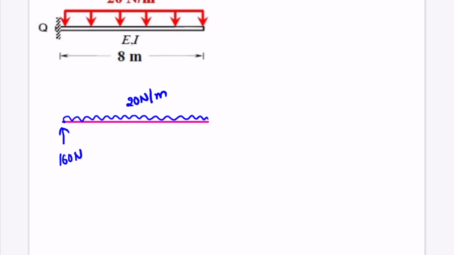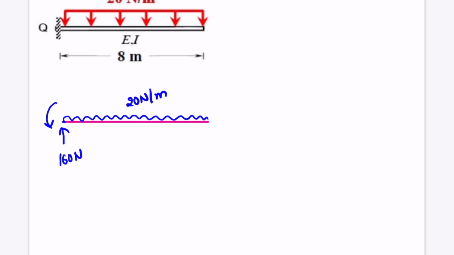We will also have the moment here, the direction will be this, and the magnitude of that moment will be 20 into 8 multiplied by the distance between this support and the center of this UDL.